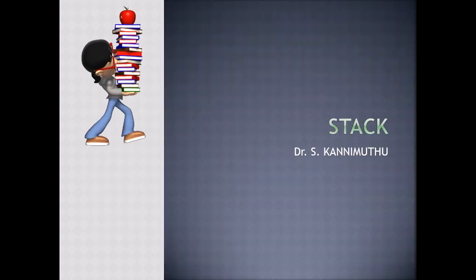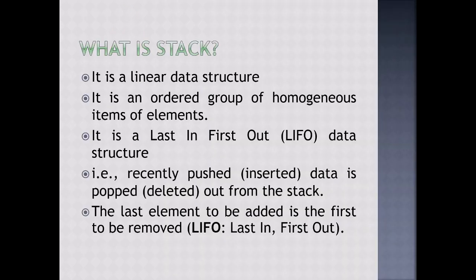Welcome students. Today we are going to discuss one of the linear data structures called stack. Stack is an example of a linear data structure wherein we access the elements one after another, which can be implemented by using an array or linked list.